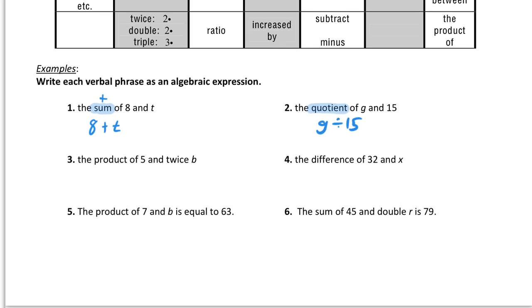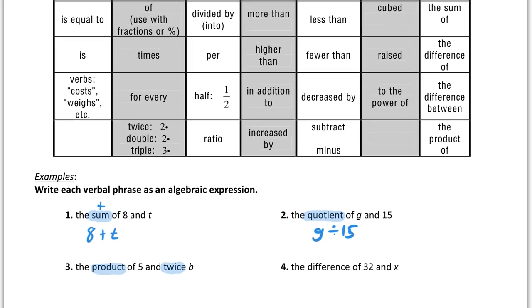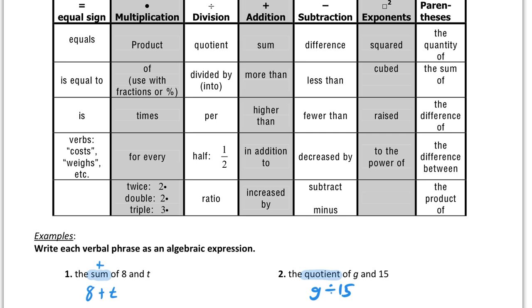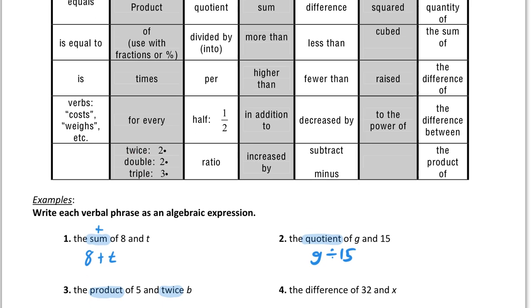The product of 5 and twice b. The keywords I see here, we're going to circle product and twice. And if we look for them here, product is over here in the multiplication column. And twice is right here also in the multiplication column. So let's look at what that might look like.